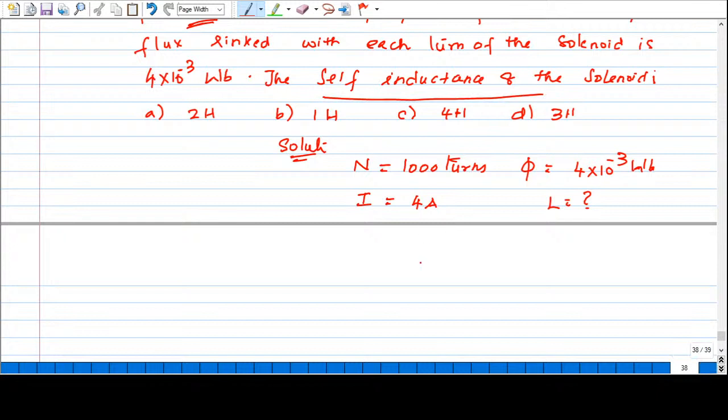Now, let us go with the first formula. The formula for total flux. Let us find the value of total flux first. To find the total flux, the formula is phi is equal to n into phi naught. So what is n? It is 1000 into 4 into 10 power minus 3. So if you simplify, we get just 4 Weber.